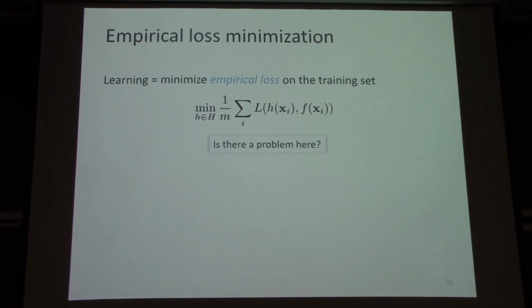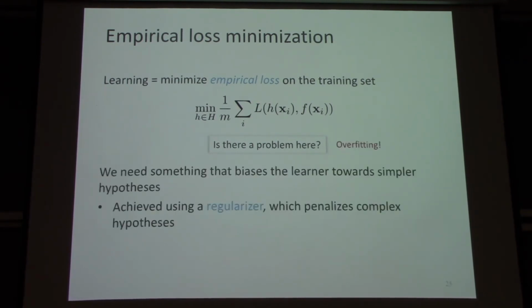So, how do we handle overfitting? How do we smooth out hypotheses? What is the term in the objective that penalizes overfitting? The regularizer.